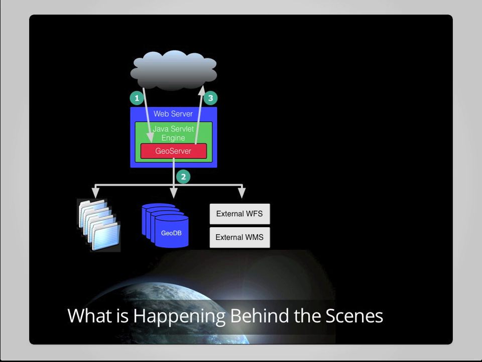When GeoServer receives that request, it then translates it into a needed data access request to wherever the data are that are being used by GeoServer. Those data may exist in a local file system, in a set of directories or folders and files. They may reside in one or more geospatial-enabled databases, represented by the GeoDB cylinders in the diagram.